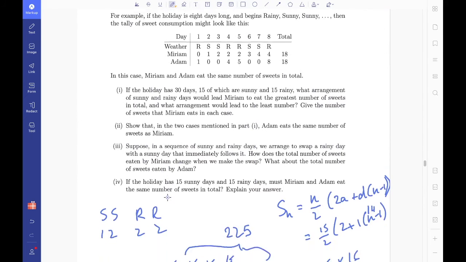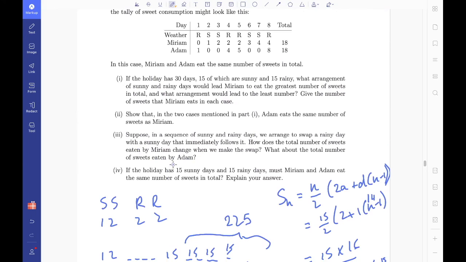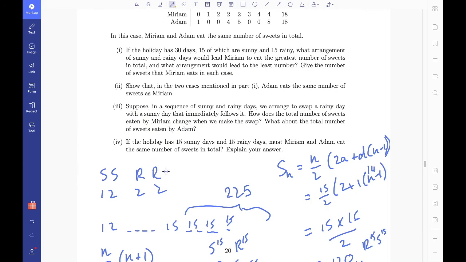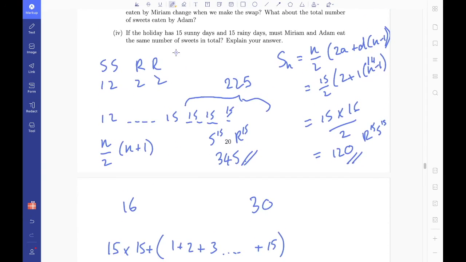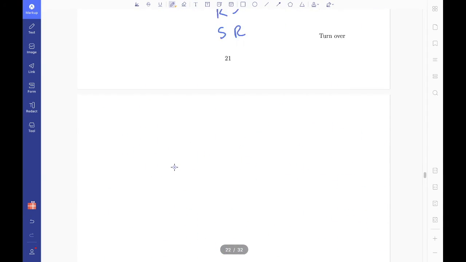How does the total number of sweets eaten by Miriam change? What about the total number by Adam? Okay, so both add 1. If the holiday has 15 sunny days and 15 rainy days, must Miriam and Adam eat the same number of sweets in total? Explain your answer. So I think the answer is yes, because we know that they both start off with the same number.